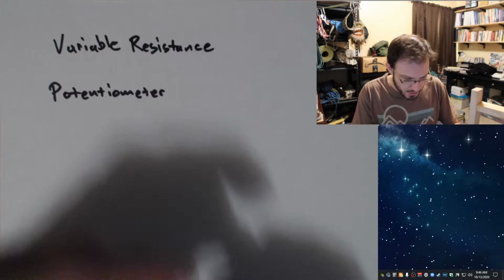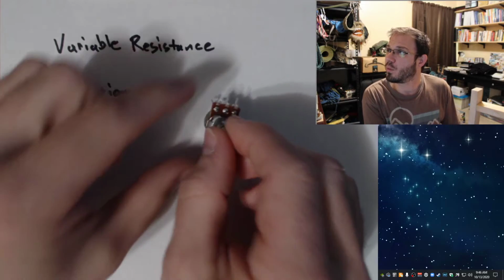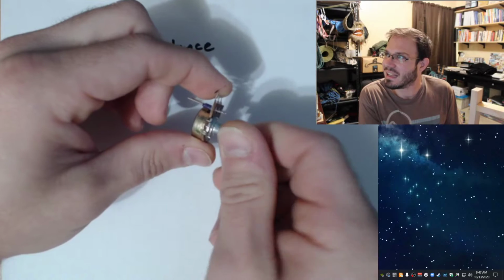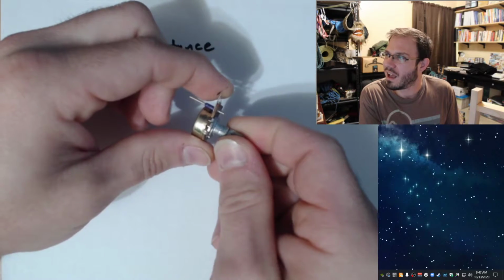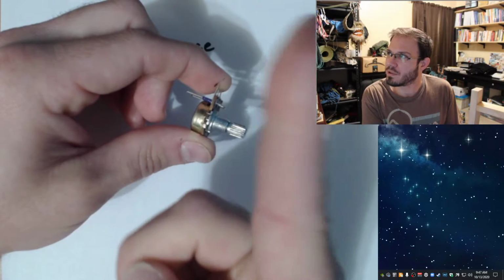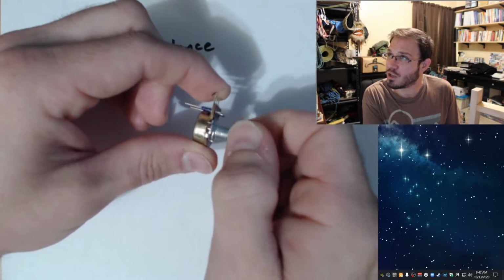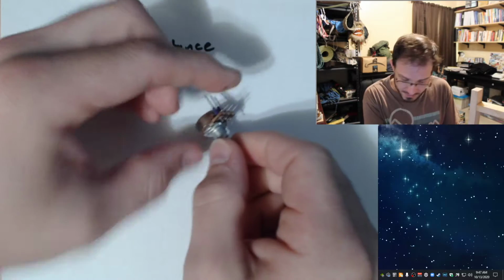Okay, so here is a variable resistor. It's actually a little tin can, and inside, when I turn this, there's a little wiper that sweeps across a resistance and allows me to change what that resistance is.